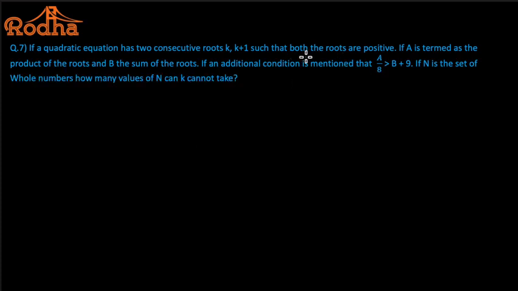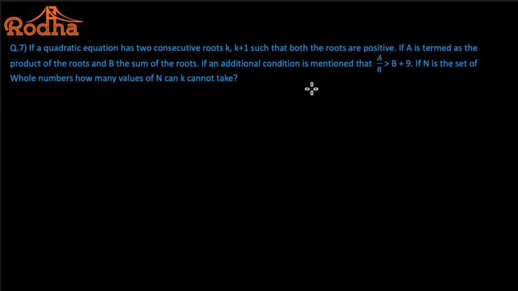If A is termed as the product of the roots and B the sum of the roots, and an additional condition is mentioned that A by 8 is more than B plus 9, if n is the set of whole numbers, how many values can k not take? Fine, a good enough question.